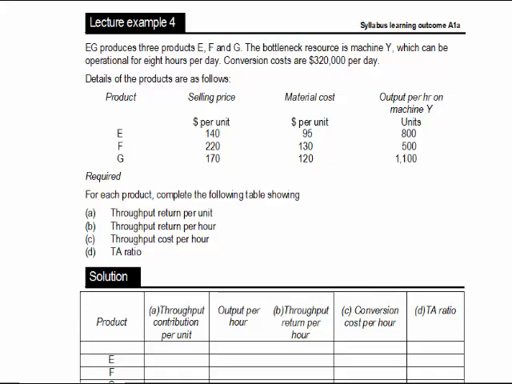Lecture example 4. EG produces 3 products, E, F and G. Now, the bottleneck resource is machine Y, which can be operational for 8 hours a day, and the conversion costs are $320,000 per day. Remember, that's our labour and our factory costs, our production overheads.